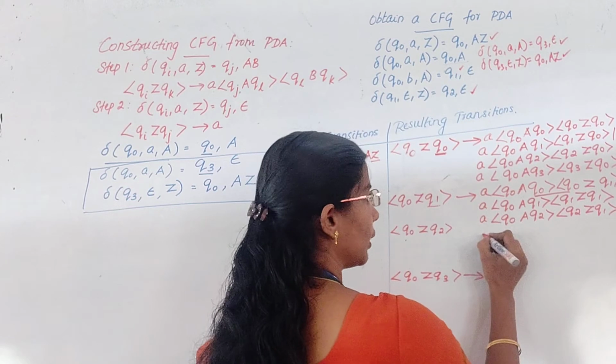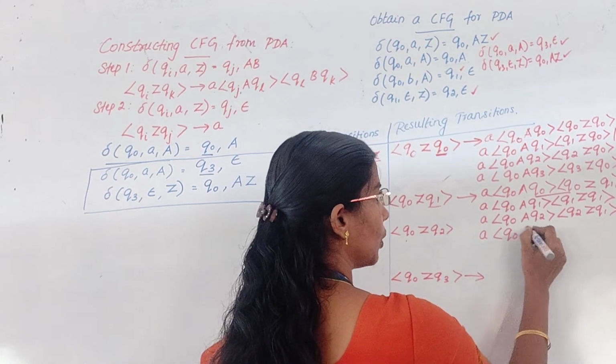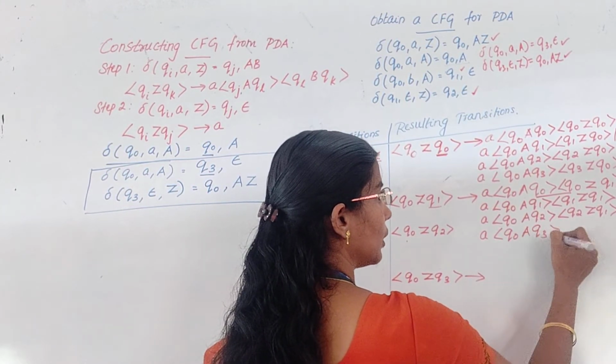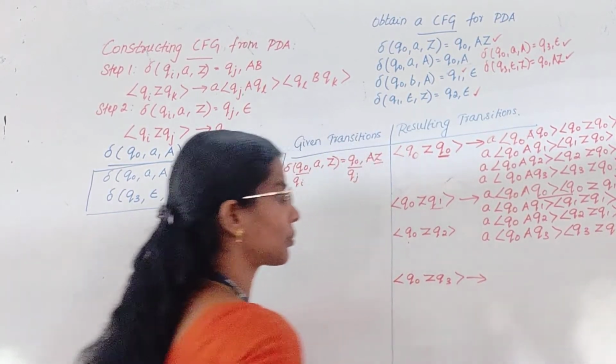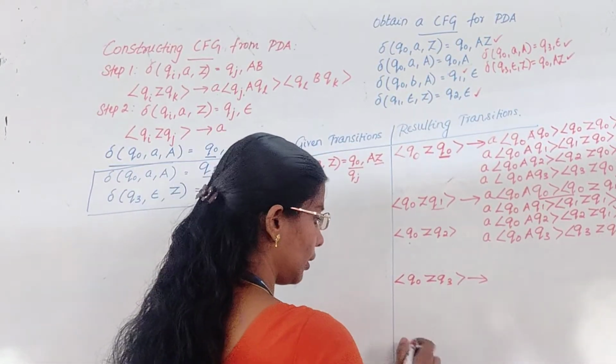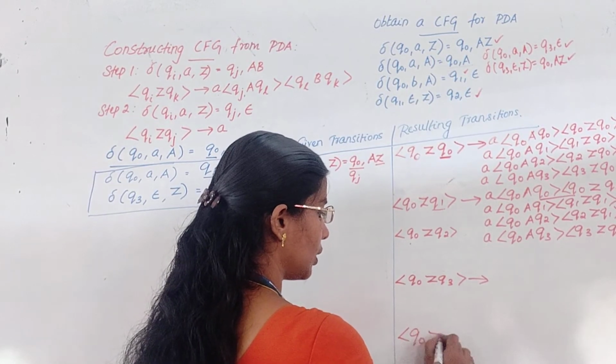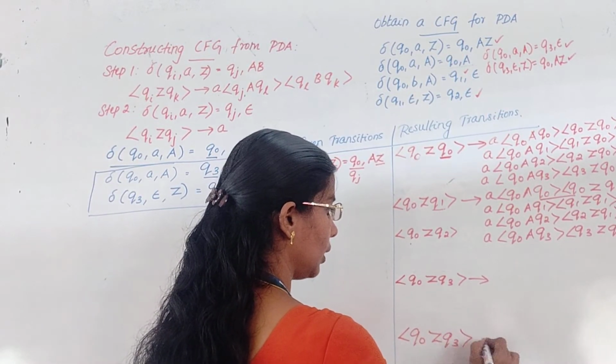Right. Next it is A, Q0, A, Q3, Q3 set Q1. Write that. I'll write a little down. Q0 set Q3.